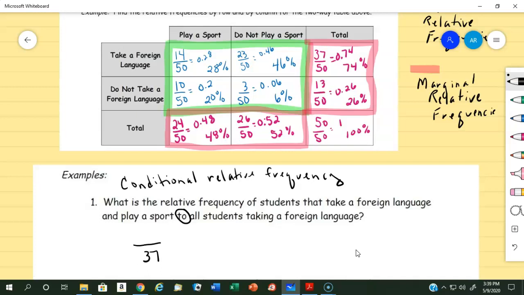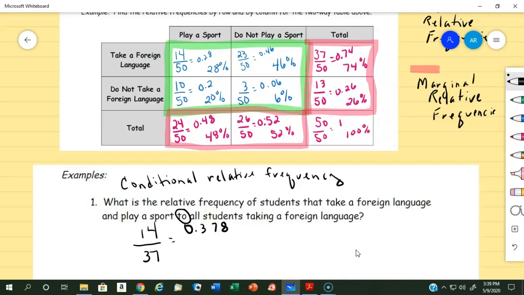Now, what is the relative frequency of students that take a foreign language and play a sport? So play a sport and take a foreign language, that's going to be 14. So now I have to do a little bit of math. So 14 divided by 37 is going to give me 0.378, and then it has another 3 out here, but that would leave that as an 8.